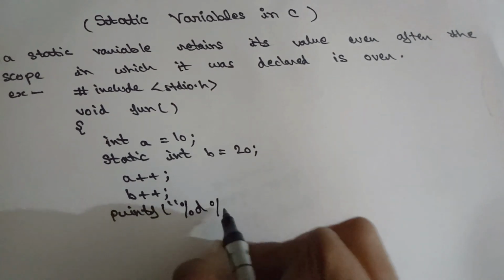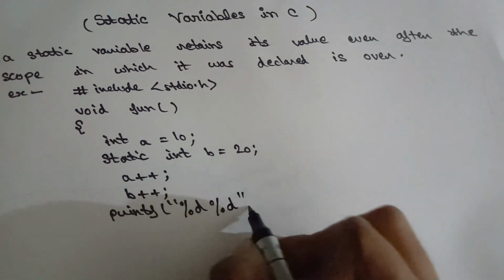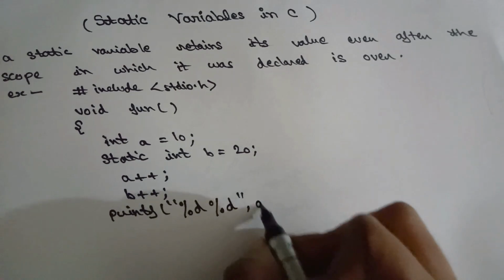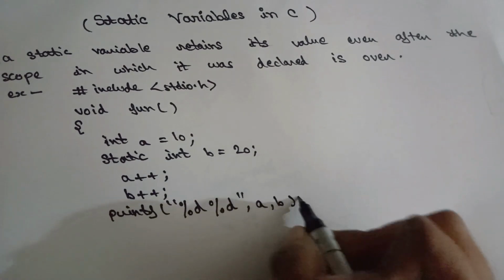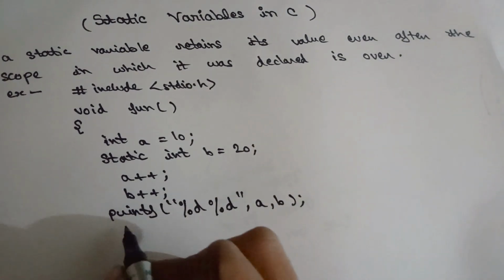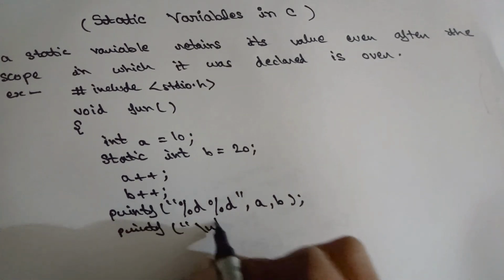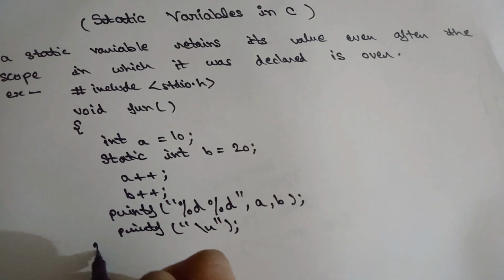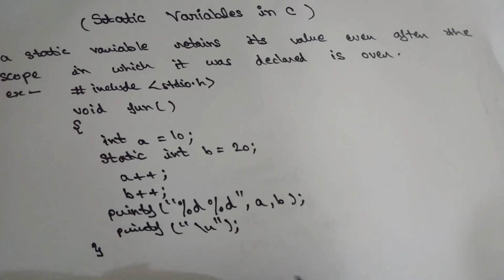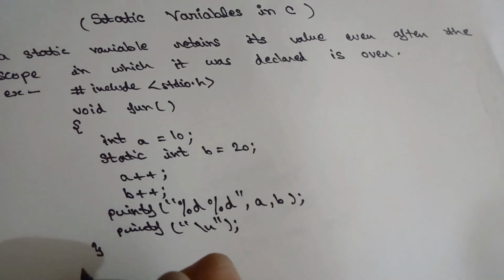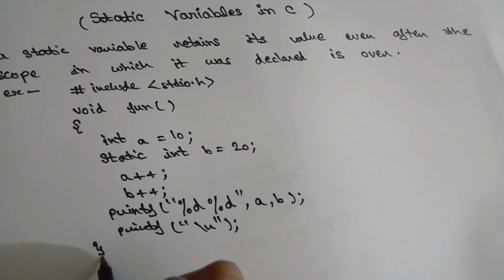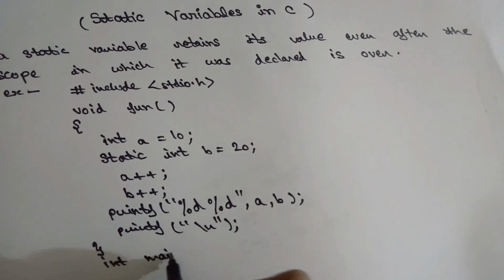%d is used for printing the integer value. This is a format specifier. Print A and also B. Then say printf backslash n for a new line. Close this function and also write here the main function, int main.